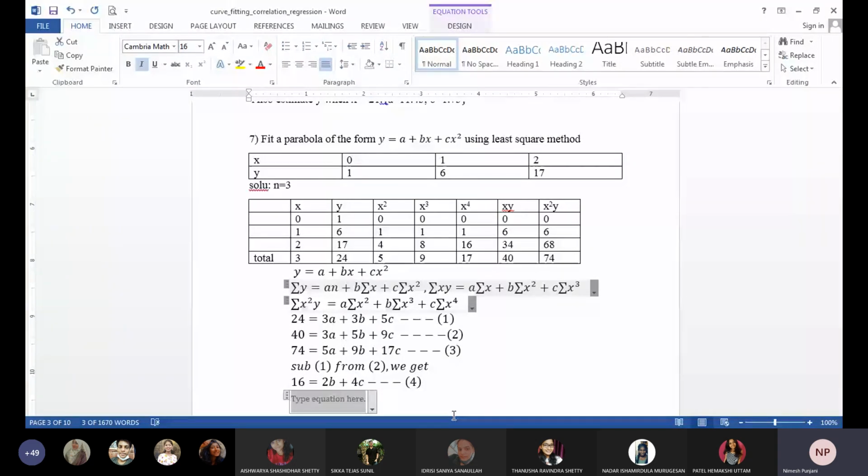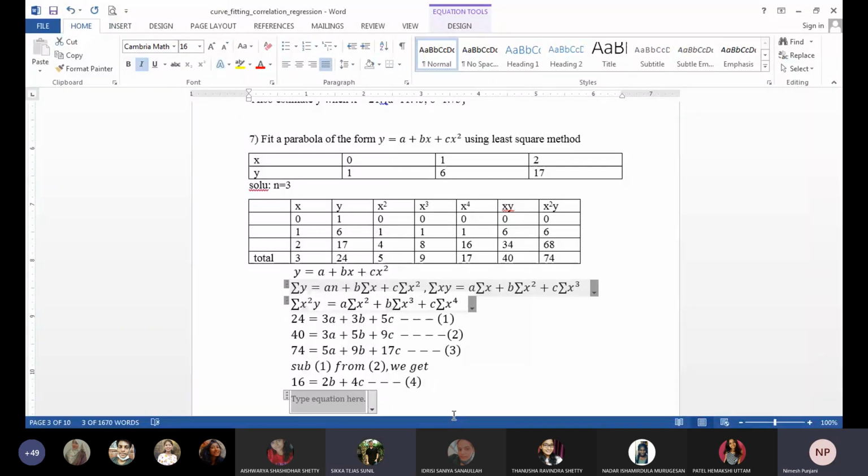Now what we will do, from 2 and 3 also we will eliminate a. Now we have to eliminate a from 2 and 3. What does that mean? The coefficient of a should be the same, then only you can eliminate it. Correct?